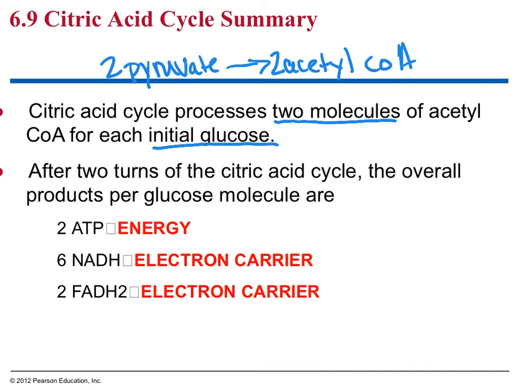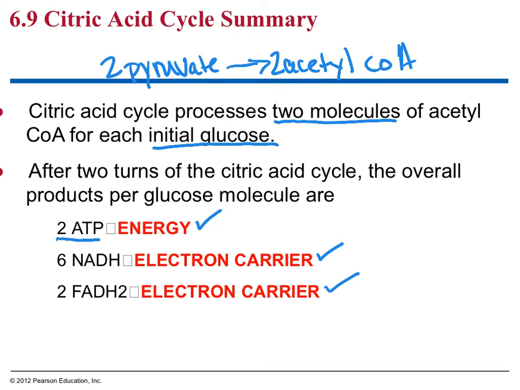So once the citric acid cycle is finished, it's going to go 2 times, right? So once it's turned 2 times, the overall products produced for 1 glucose molecule are 2 molecules of ATP, 6 NADH, and 2 FADH2.